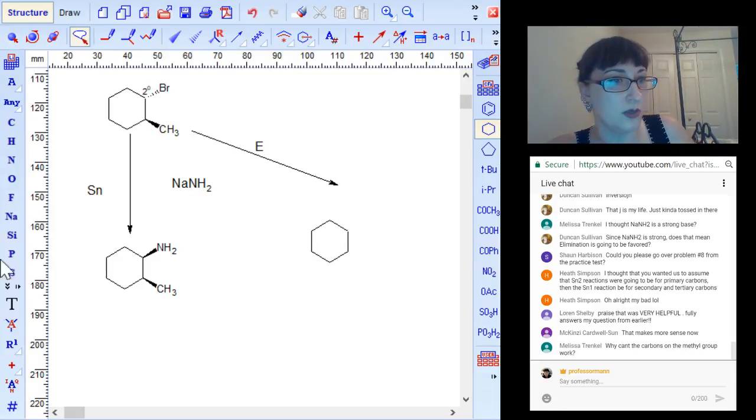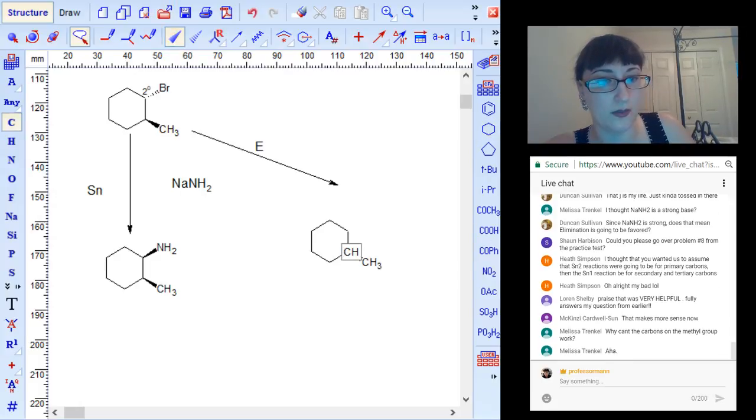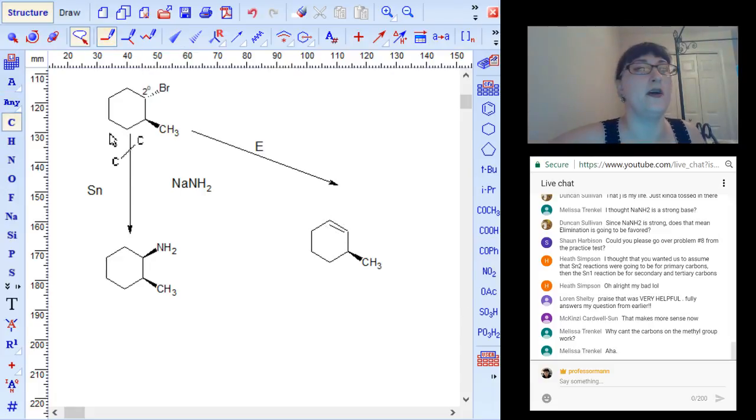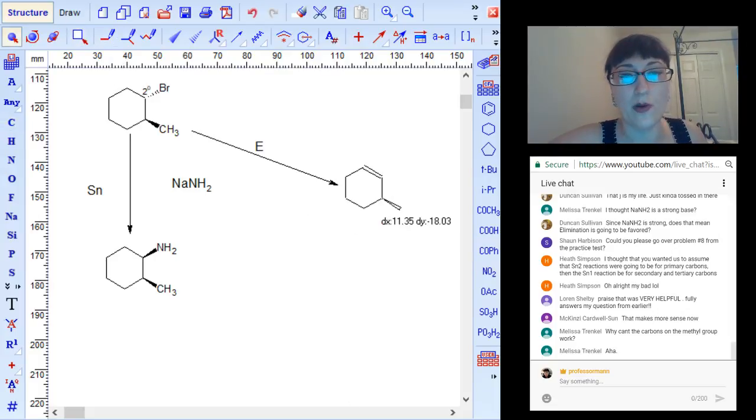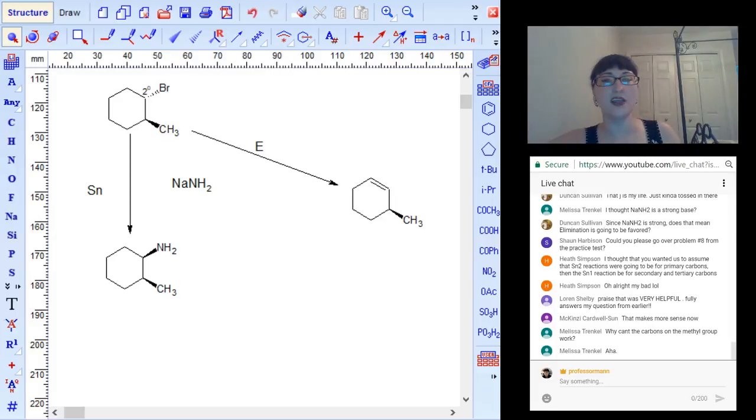What I want to show us is right there. And there. All right. So if we did this reaction, we would probably get mostly elimination reaction, but we could end up with some substitution byproduct, and so it would look like that.